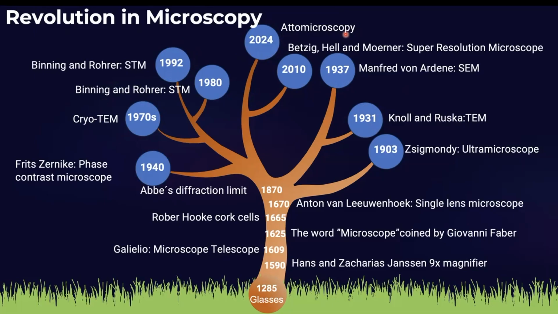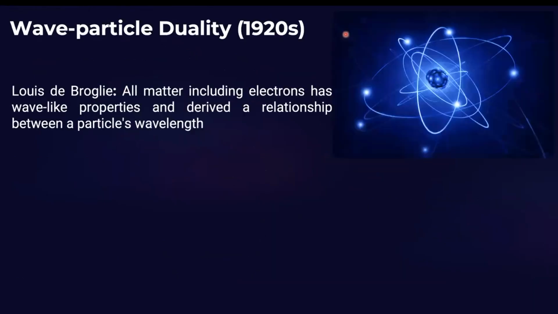I discussed Abbe's diffraction limit, but what happened in the 1920s is that wave-particle duality came up. Louis de Broglie stated in his PhD thesis that all matter, including electrons, has wave-like properties, and he derived a relationship for the particle wavelength.